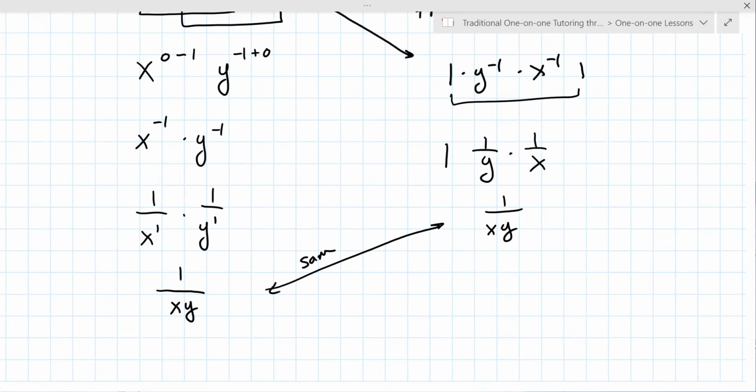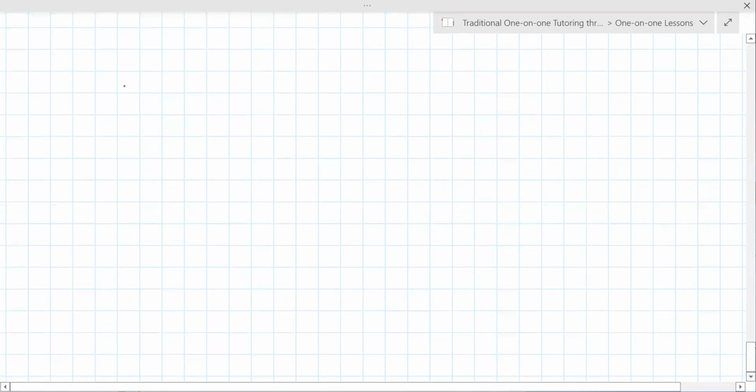All right, let's try one more here. Let's say it's a to the 1/2, b to the 0, a to the -1, b to the 3/4. Could you simplify this one for us, please?